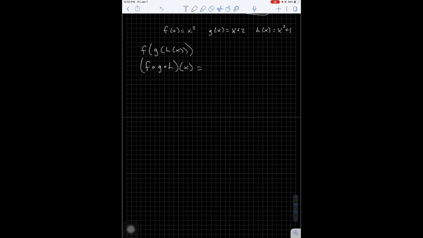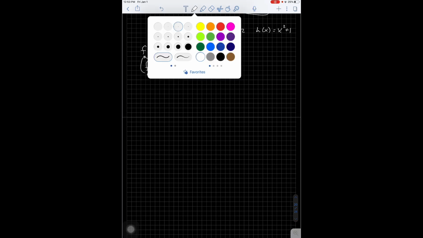And this is one of the only places in math where you work right to left. So what's happening is you're taking the h and plugging it into the g. The h goes into the g. And then that answer goes into the f here. And if you just take it one step at a time, it's helpful. So let's first take h and plug it into g.